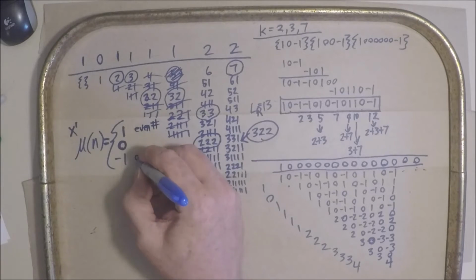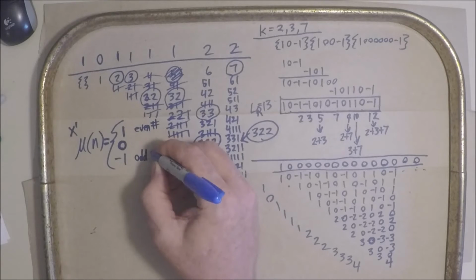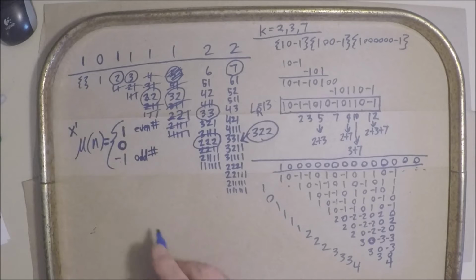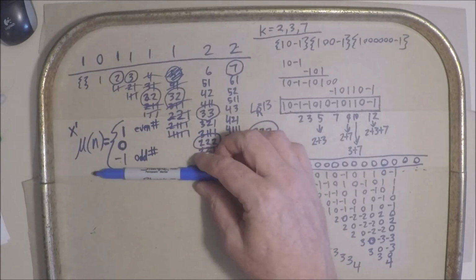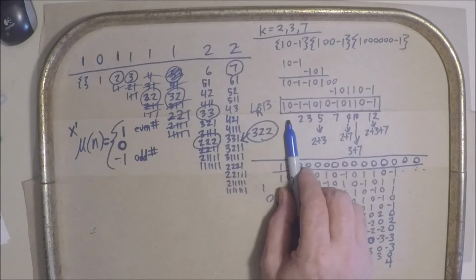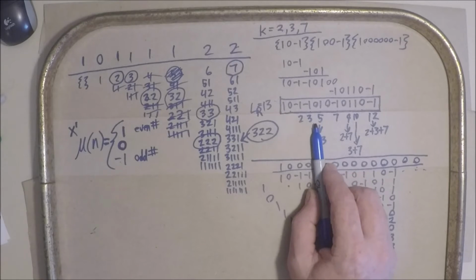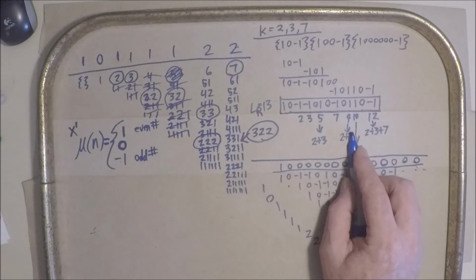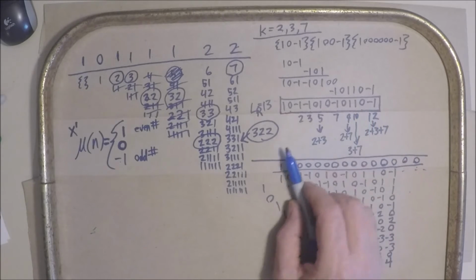And if it has an odd number of prime factors, it's going to be equal to negative 1. And even though this is defined formally on products, we can see that we're getting the same thing in terms of the addition of factors, or the addition of numbers.